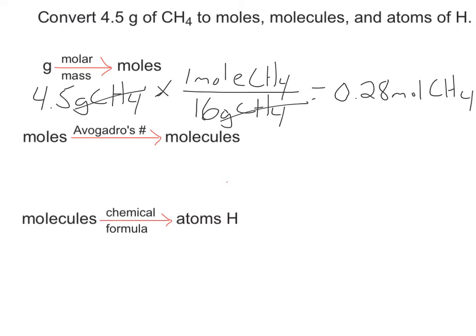Well, now if we're trying to figure out how many molecules, we first have to go through the first step, which converted grams to moles. In order to find molecules, we can now use Avogadro's number using the moles of CH4 from above. So we know there's 0.28 moles of CH4.